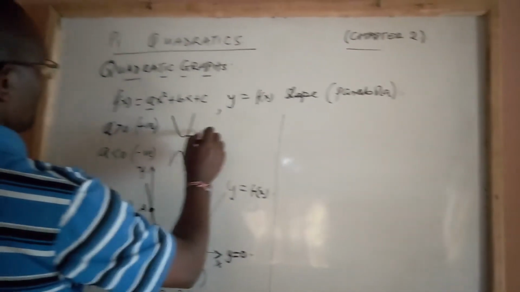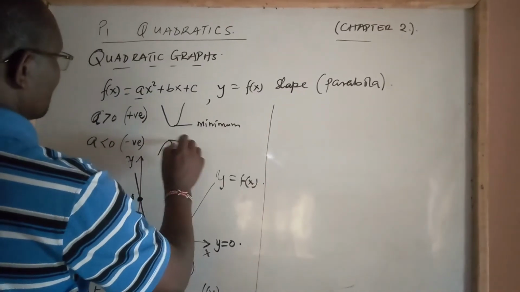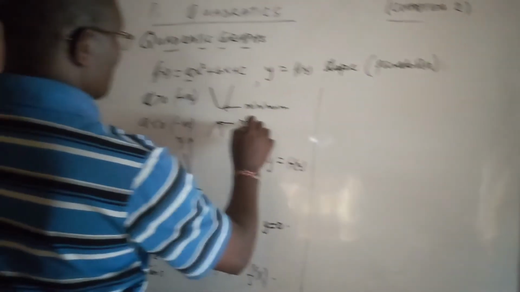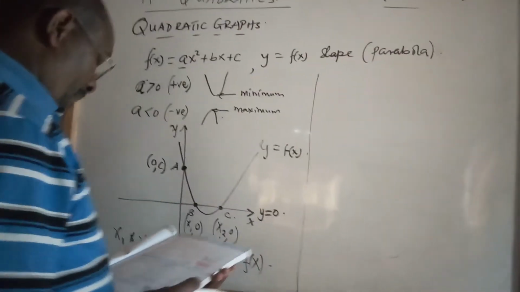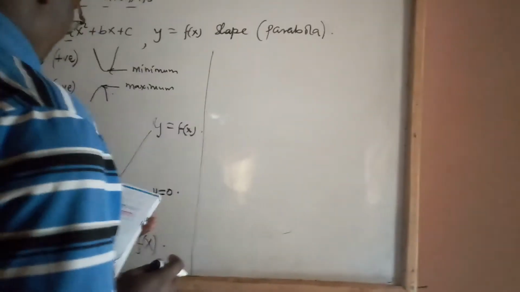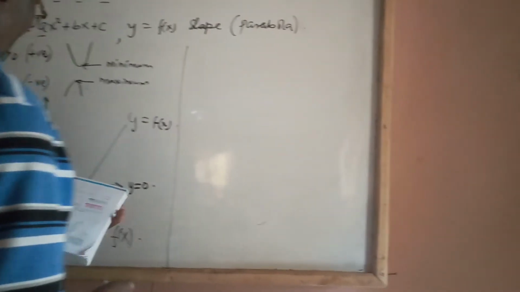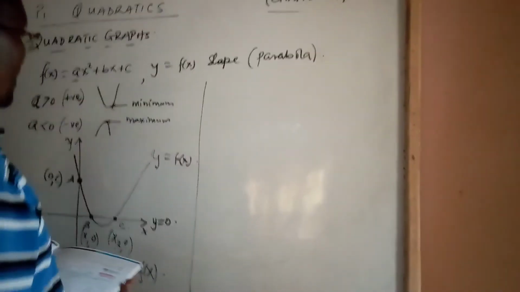This one is called a minimum. You can see this turning point is a maximum. Depending on the shape of the graph, we have a minimum or a maximum. Since a parabola is symmetrical, the turning point and the line of symmetry are halfway between the roots.